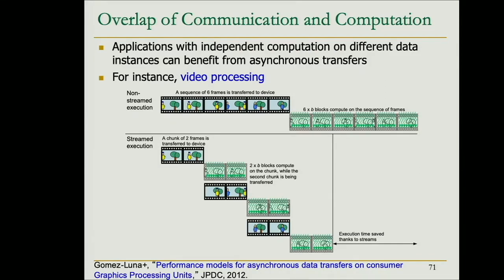And this is transparently handled by the driver. Of course, it has a little bit more overhead than what you could control yourself if you do it manually. But these transfers, or this overlapping, can these days be achieved in a completely transparent way.